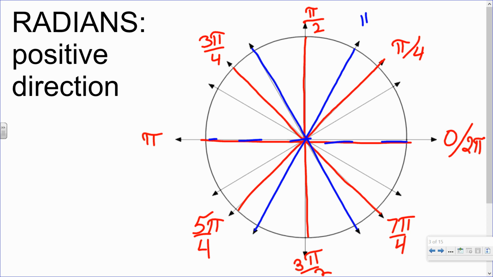So pi over 3, 2 pi over 3, and then 3 pi over 3 has us back at pi. If we keep going, 4/3 pi, 5/3 pi, and 6/3 pi has us back at the same place as 2 pi. Just fractions with pi thrown on afterwards.